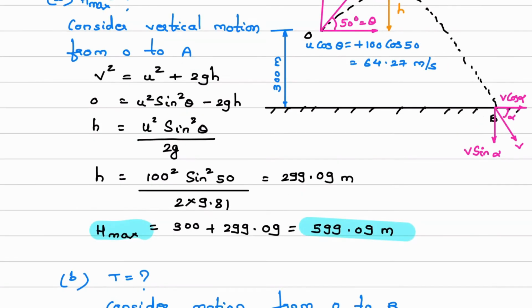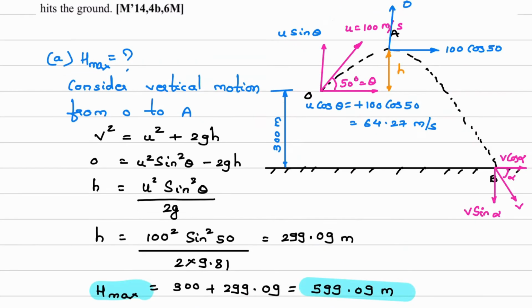The y component we have seen, minus v sine alpha. Now we have to calculate v cos alpha. What is the x component? At this location it is u cos theta, and at this location the x component is v cos alpha. Both will be same. Why? Because horizontal motion is uniform velocity motion.